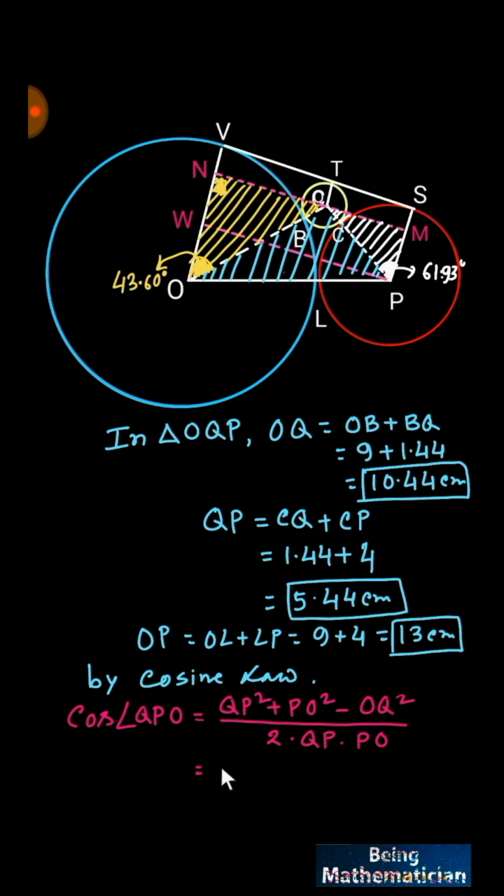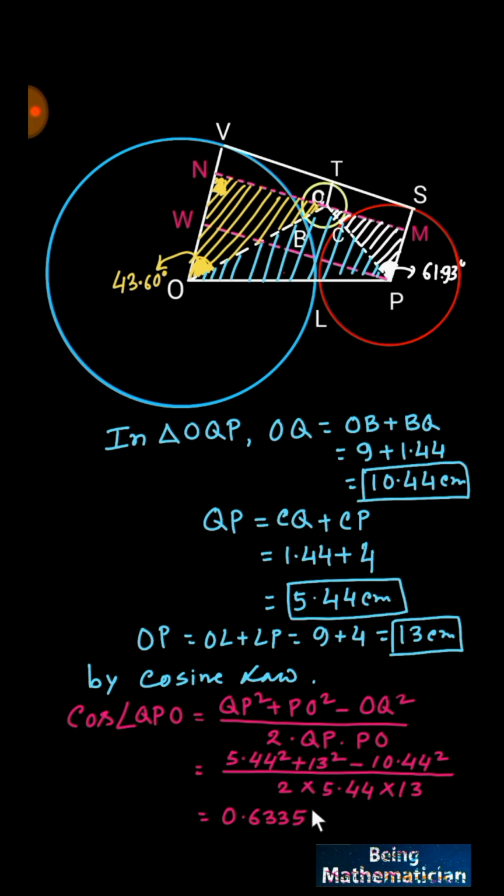Now, putting the value of these sides, we get 5.44 square plus 13 square minus 10.44 square divided by 2 into 5.44 into 13. So, the simplified value is approximately 0.633519.